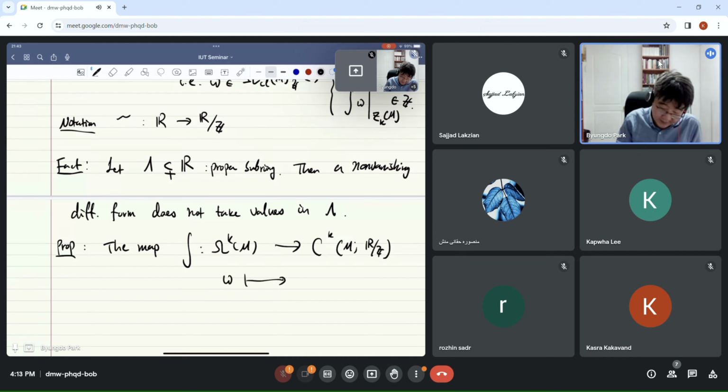Take a differential k form, and then you integrate.